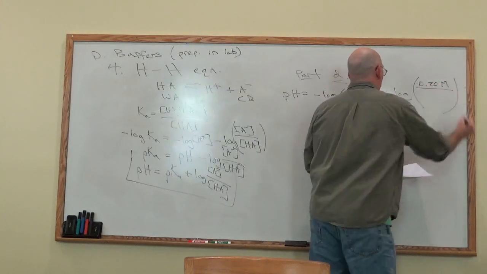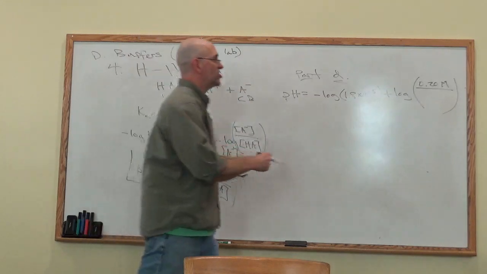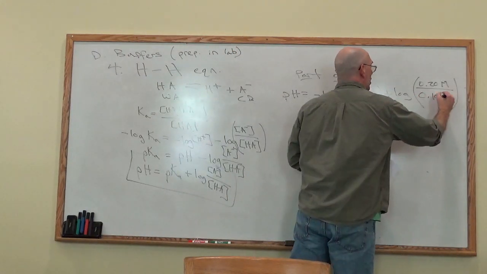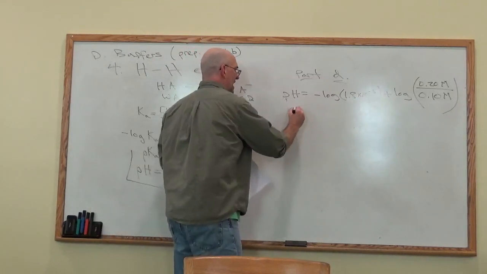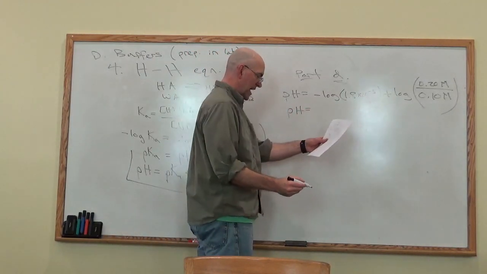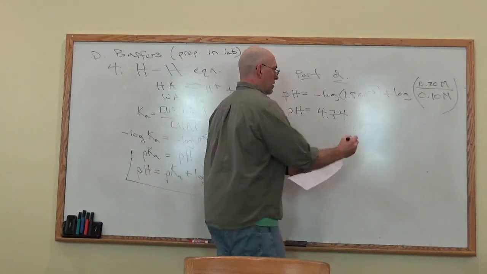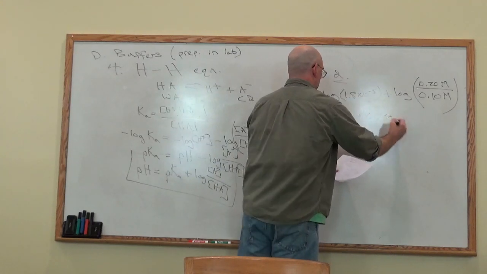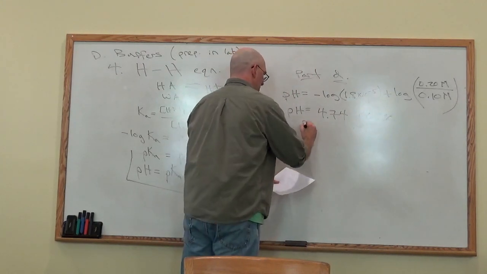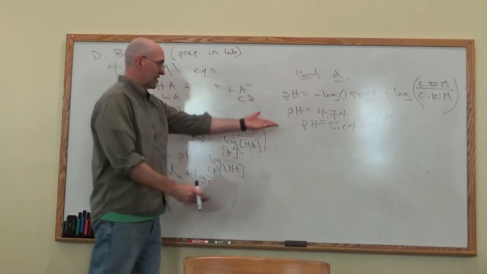So the acetate, the A minus, was 0.20 molar, the HA was 0.10 molar, and just do the math. pH equals, and if you do the pKa, you come up with 4.74. And if you do that ratio and take the logarithm, well, you get the same answer.